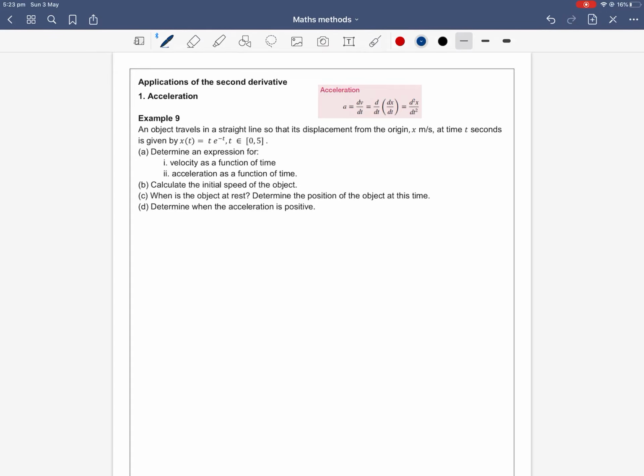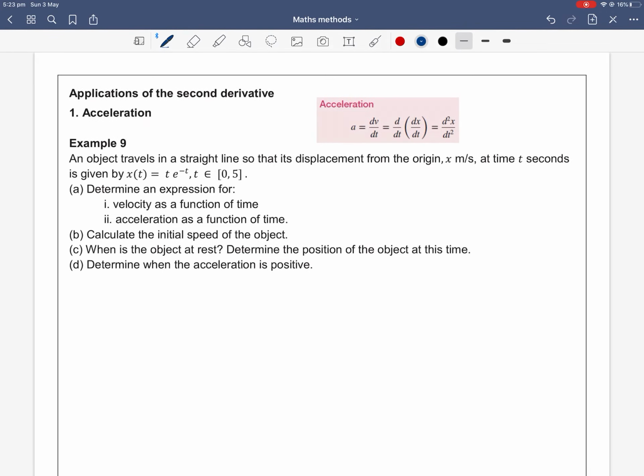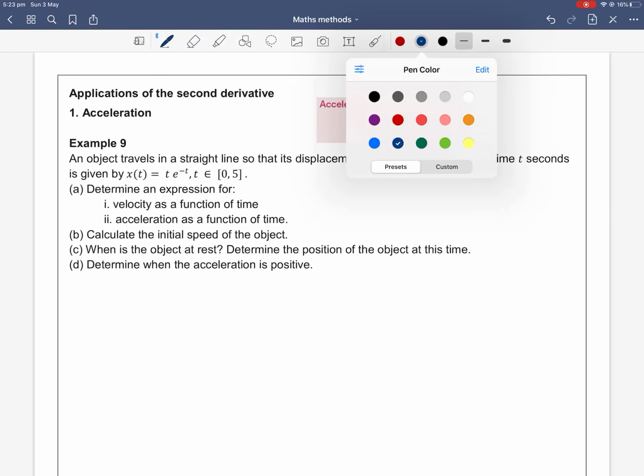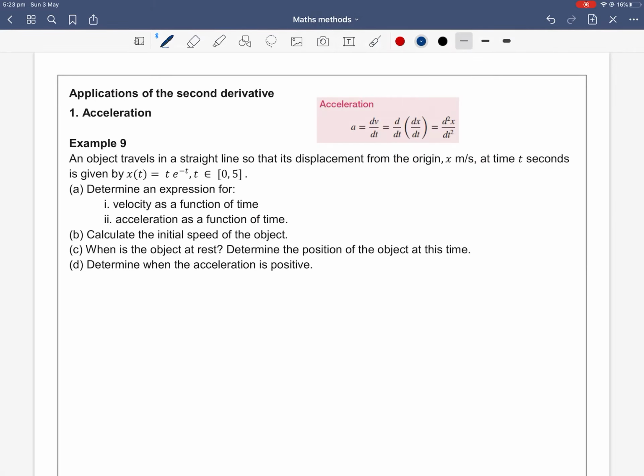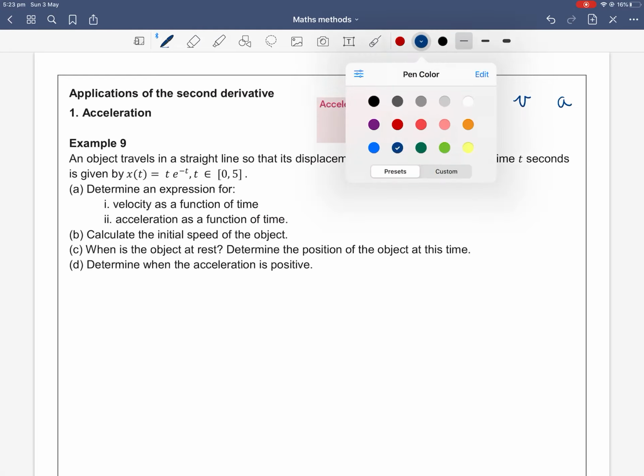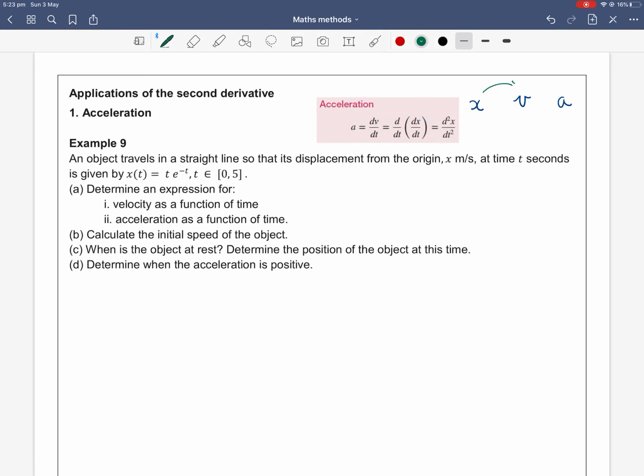Today we're going to continue looking at applications of second derivatives. This context is not new to us. We've seen this before. It's essentially looking at displacement, speed, and acceleration. Remember, to get from displacement to velocity, you just have to differentiate.